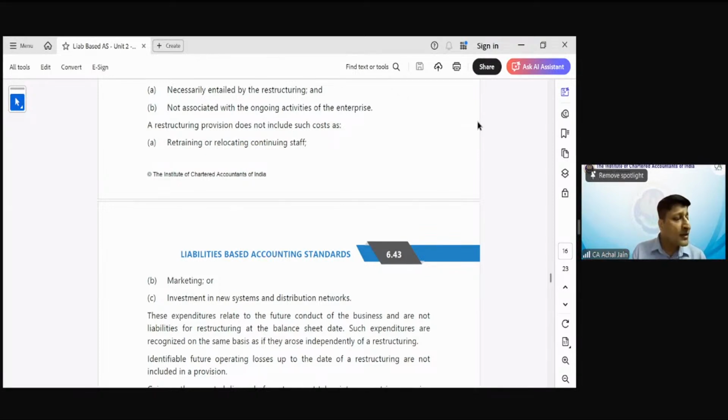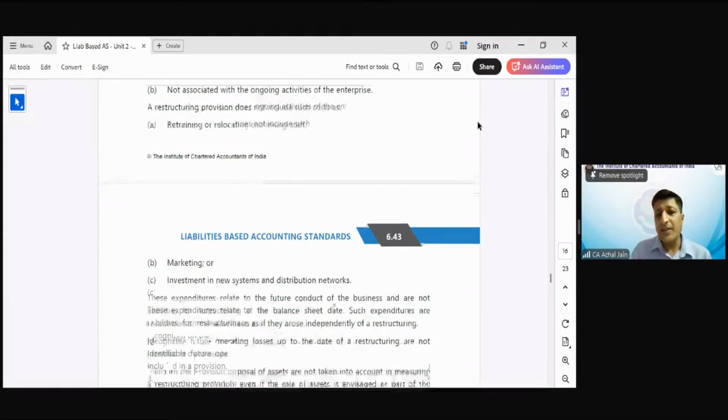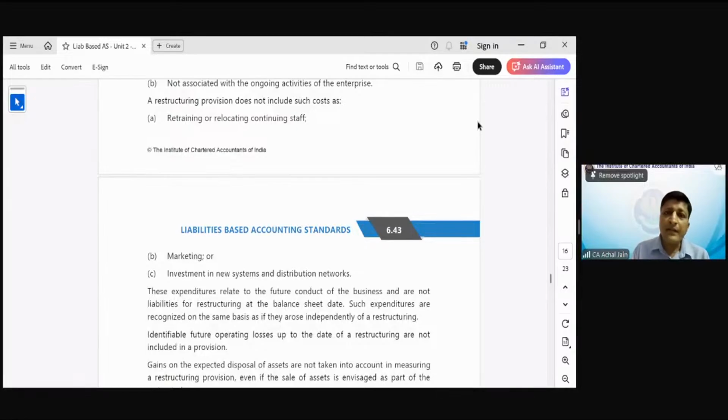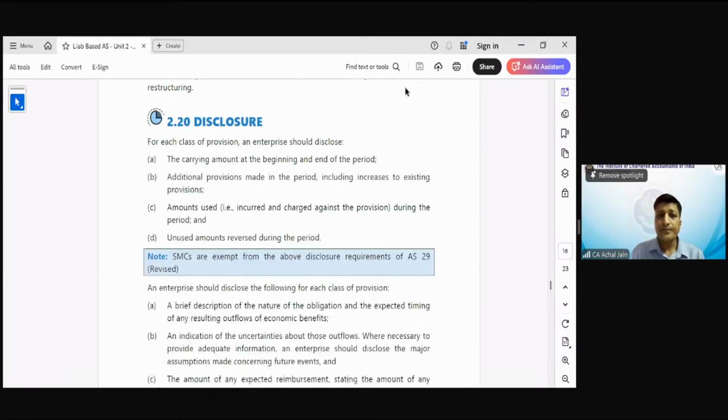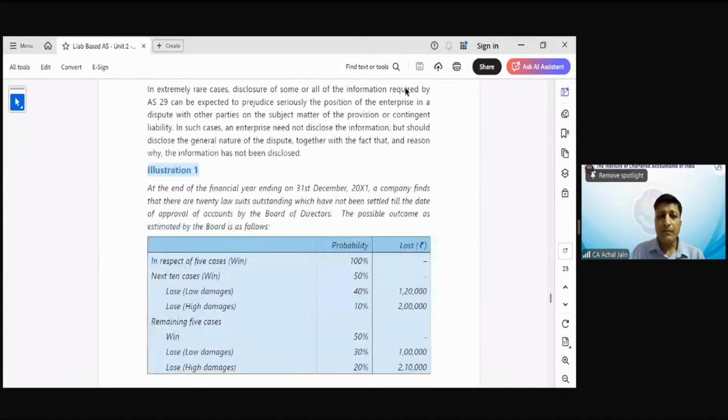So how do you record them? Restructuring expenses are required to be recognized in the P&L immediately. Clear? Everyone clear on this? Clear on the restructuring, as to what you mean by restructuring? Yeah.